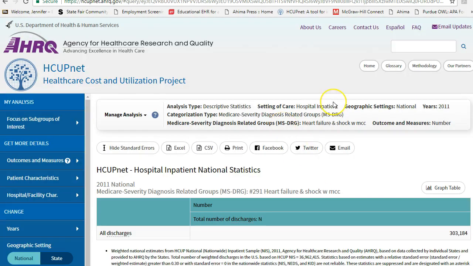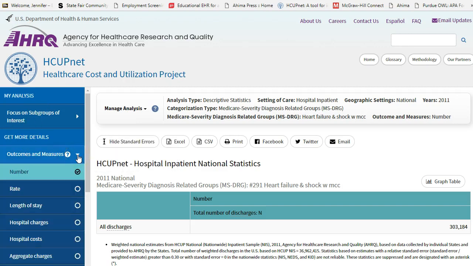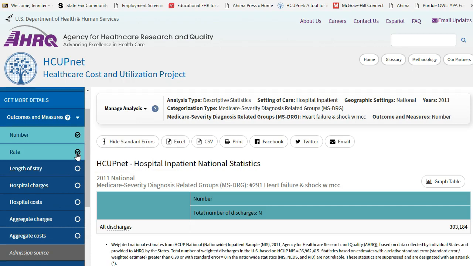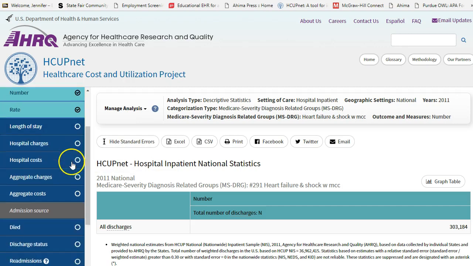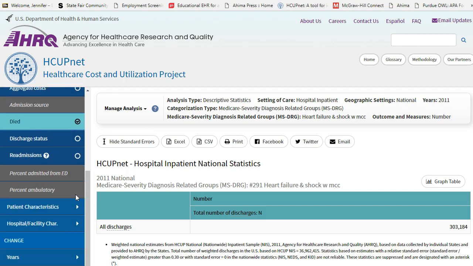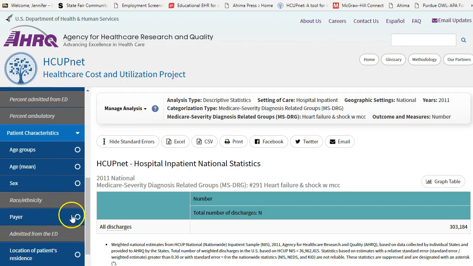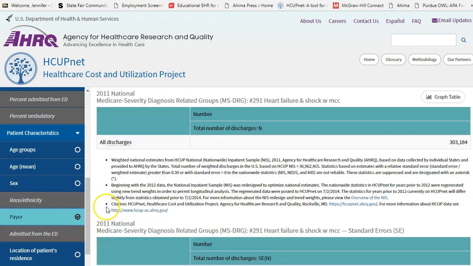Okay, so here we have to pick exactly what we're wanting from this DRG set. So we're looking at outcomes and measures. And we're wanting a rate. Remember, we're wanting that percentage. And we want the percentage of patients that died. And the other thing we're looking at is, remember, it said Medicare patients. So we want to look at payer information.